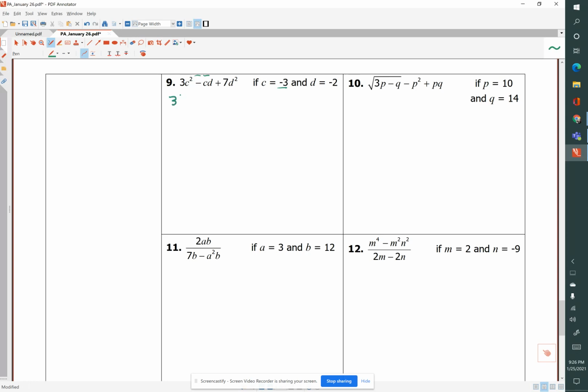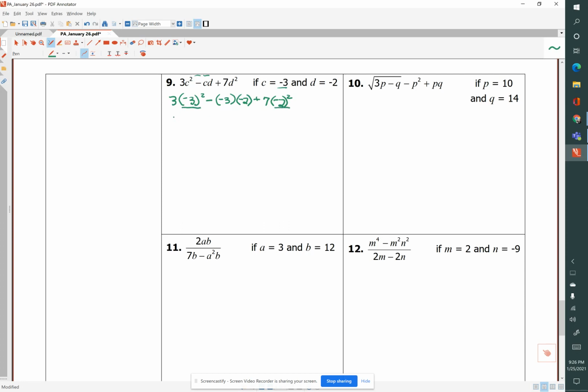So we have 3 times negative 3 to the second power minus negative 3 times negative 2 plus 7 times negative 2, which is raised to the second power. So let's work with these exponents here and here.